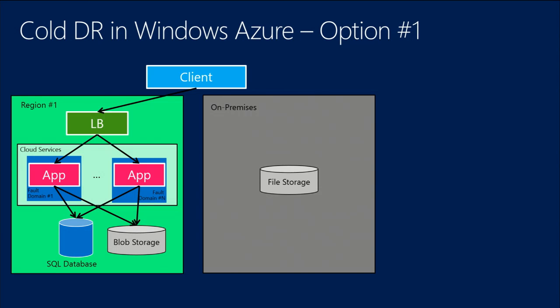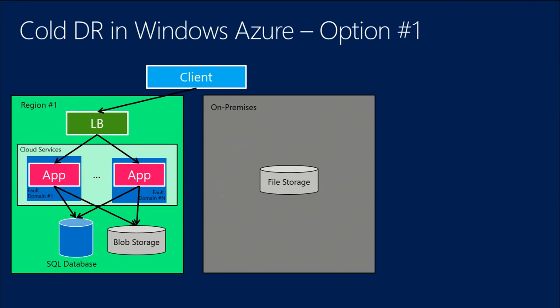Okay, fault domains are basically a way that Windows Azure has to make sure that, imagine you have 2 instances, am I going to put the two instances in the same server or in the same rack? Would that make sense?